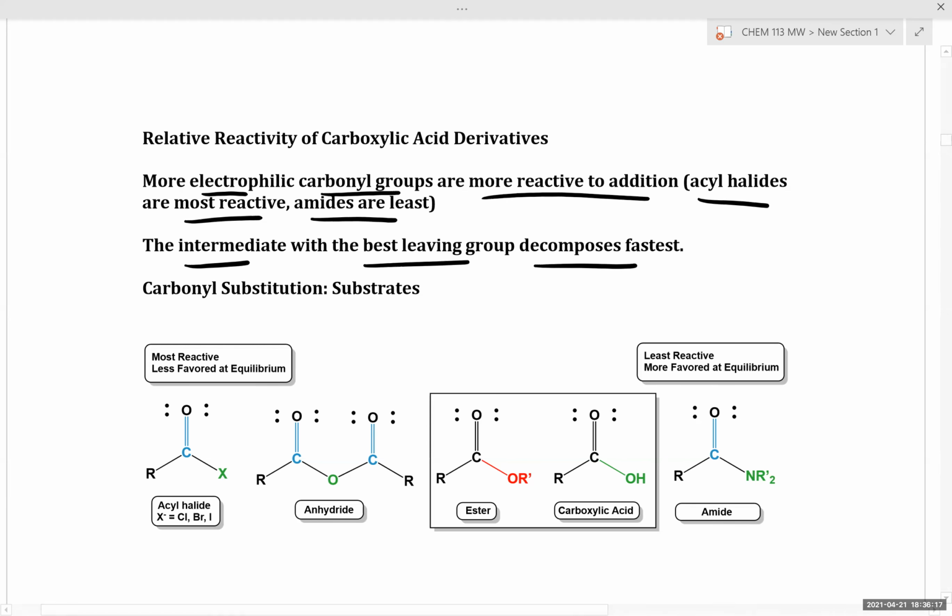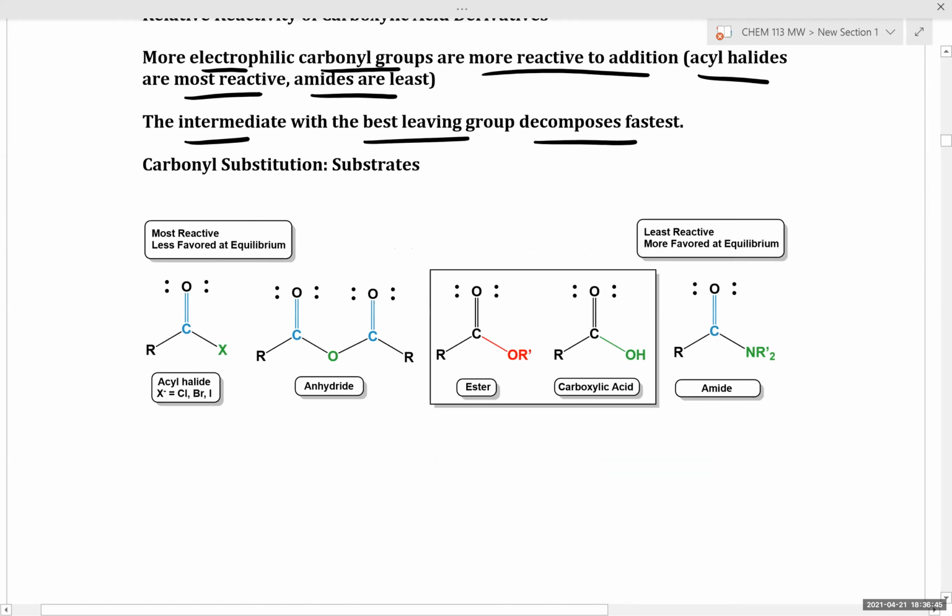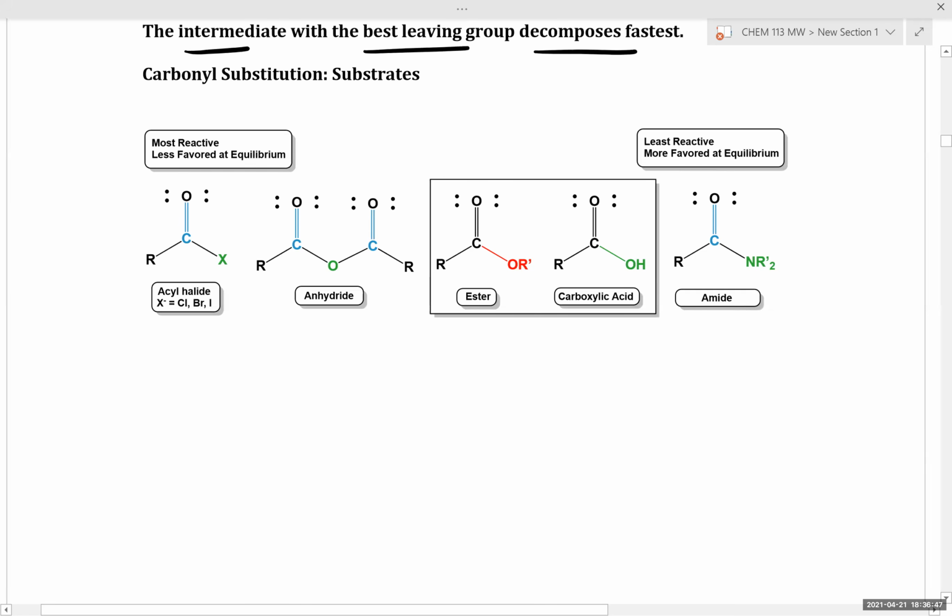So in terms of substrates, our most reactive substrates are your acyl halides. These typically are very hard to isolate if you're using any sort of equilibrating process. On the other hand, our amides are the least reactive carboxylic acid derivative. And as a result, they're generally quite stable to many carbonyl substitution conditions. Does this idea of relative reactivity make sense?